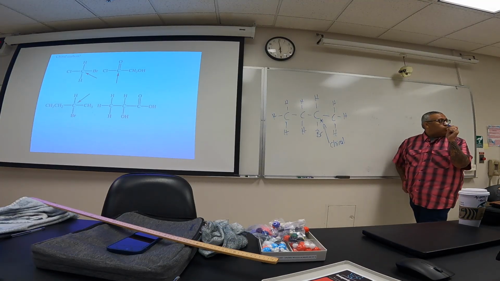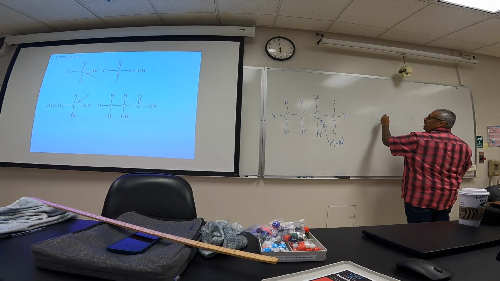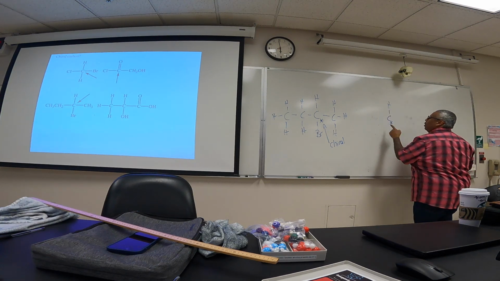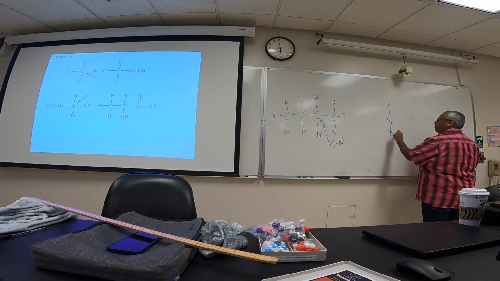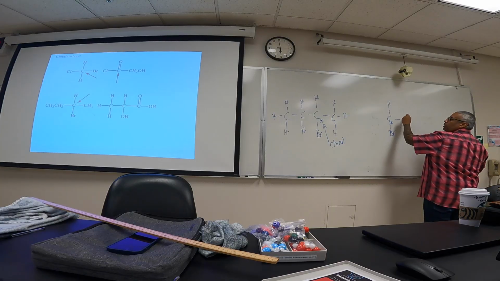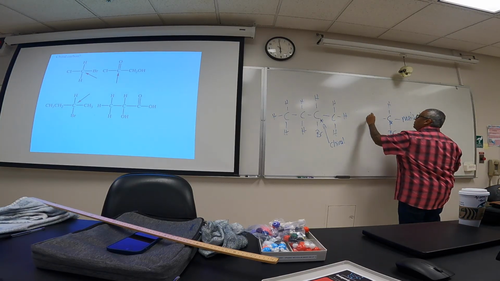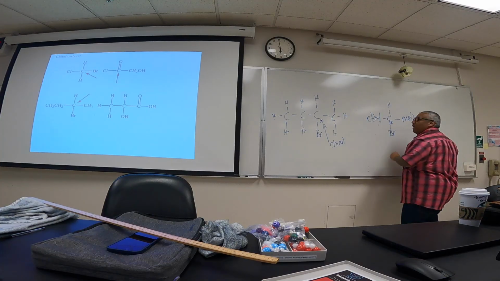So let me write this one more way. Here's hydrogen. Here's my chiral carbon. I'm going to put bromine onto it. I'm going to put methyl onto it, and then I'm going to put ethyl onto it.